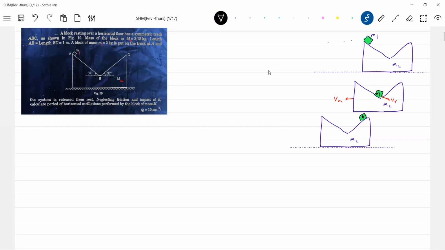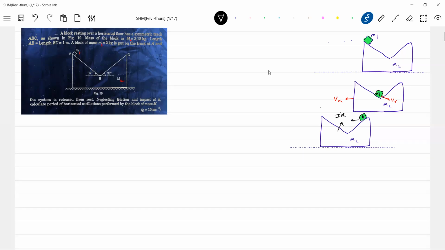Because of velocity, what will happen? The block M1 starts sliding up. As it starts sliding up, there is that normal contact force. This will undergo retardation, and finally they come to instantaneous rest. Both M1 and M2 are at rest. Instantaneous rest, IR, I'll write it.